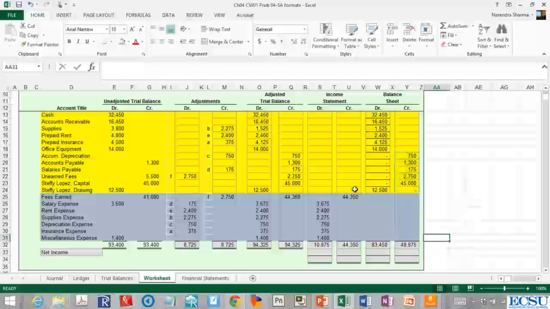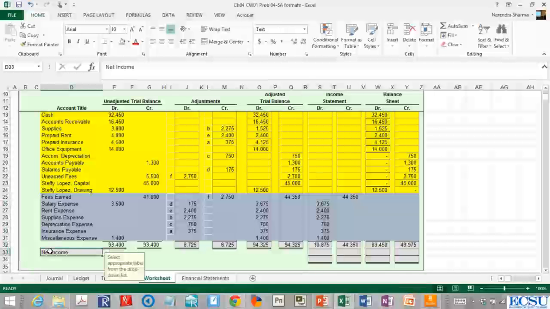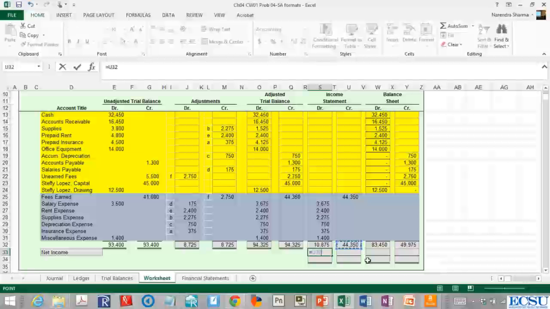Now please remember that in the income statement, your revenues are more than the expenses, therefore we'll have a net income. It could be a net loss if expenses were more. So in this case let's find out the net income. 44,350 is the revenue minus all the expenses of 10,875.